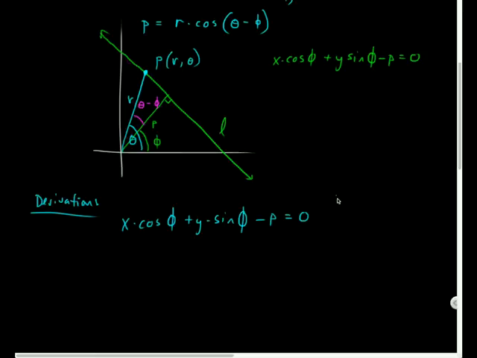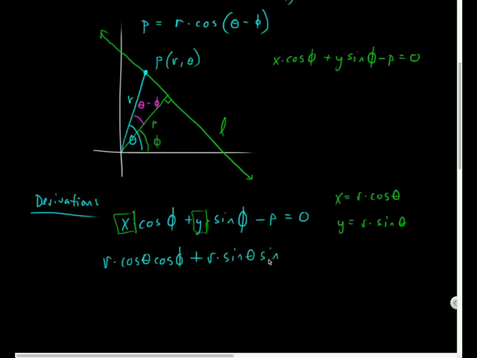Recall the following: x is equal to r cos theta, and y is r sine theta. So I'm going to substitute those values in, and I'll have r times cos theta cos phi plus r times sine theta sine phi. And I'll move this p to the right-hand side.